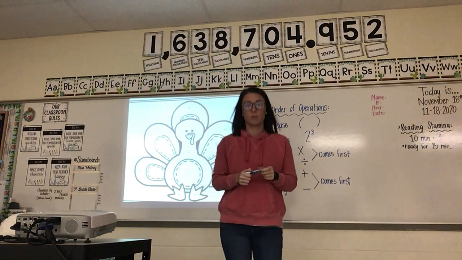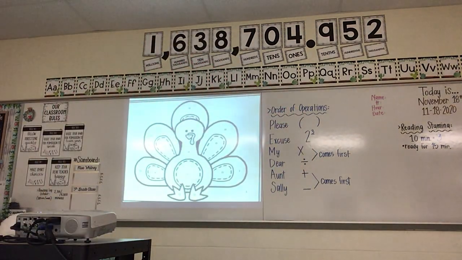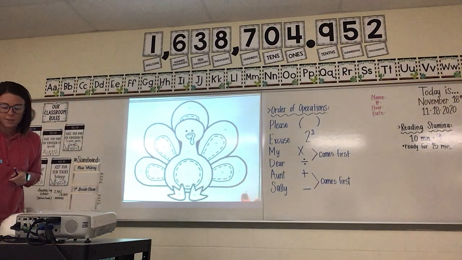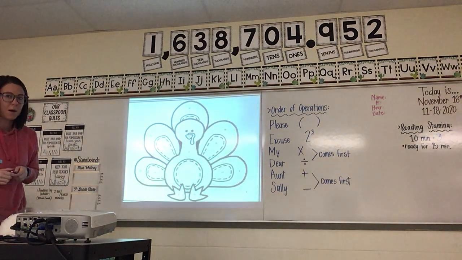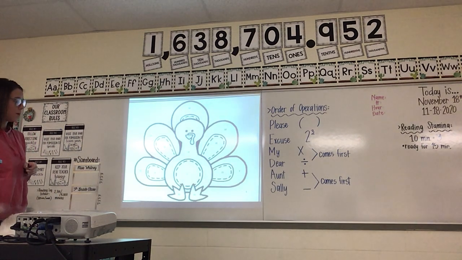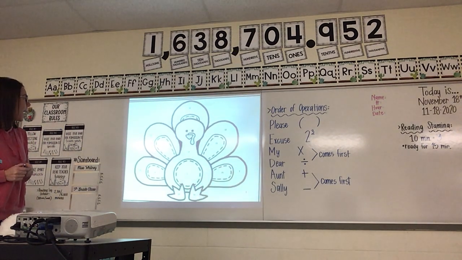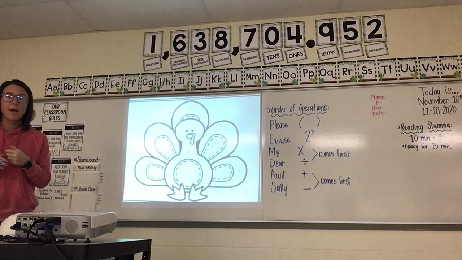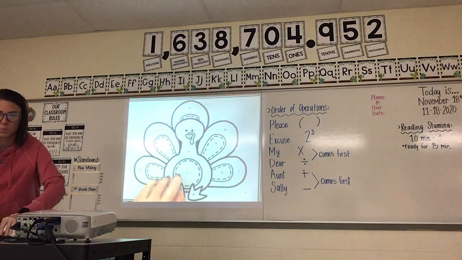Let's look at our examples here. We are going to be completing this turkey coloring page. So you'll notice on his body there are some numbers, probably hard for you to see right now, but you can see it on your paper. And we have to figure out what color each part of the turkey is going to be by solving some order of operations problems.